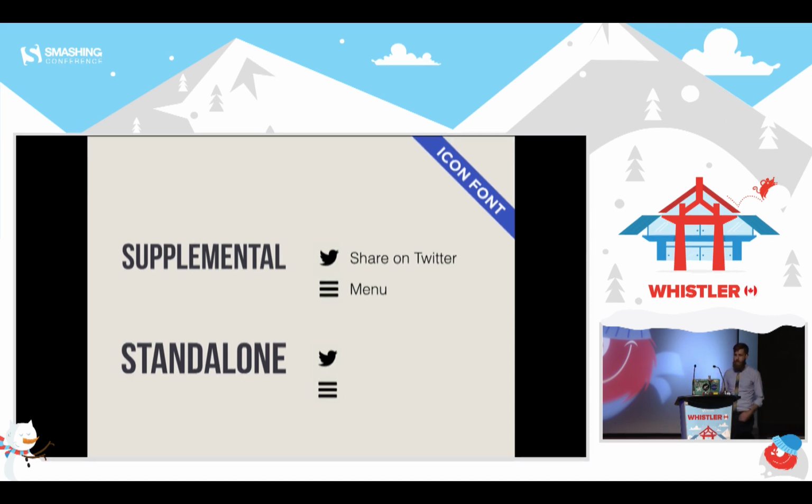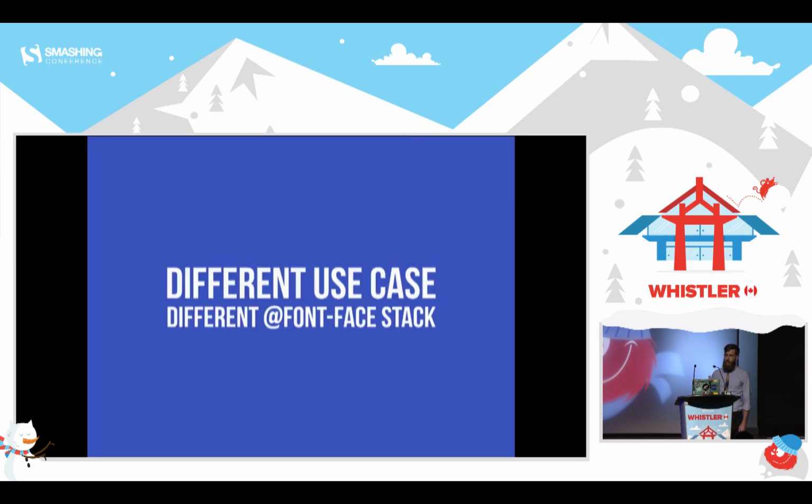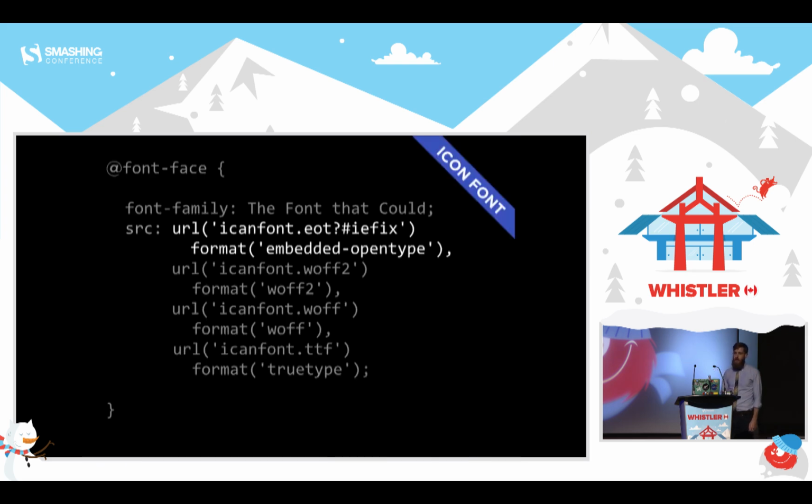And your standalone icon fonts, if they don't load, who knows what will happen. We'll go over that a little bit later, but it's more risky. Content fonts and icon fonts are different use cases, so we should have different font stacks for them. You might not have wanted your IE8 to have the new web font, but with icon fonts, it's more important, especially when you're using standalone fonts that don't have descriptive text paired with them.